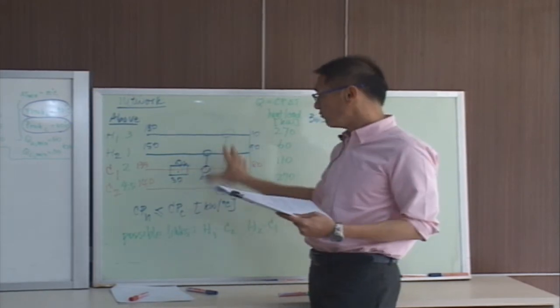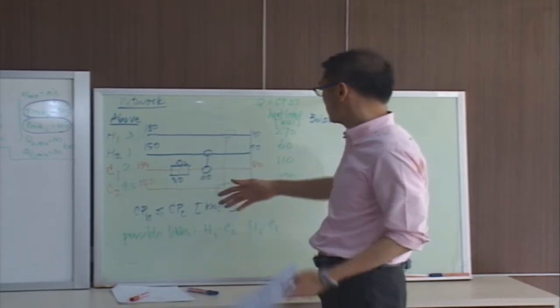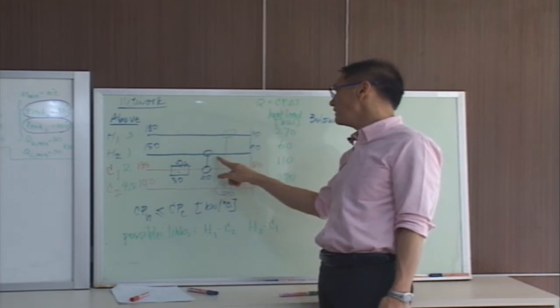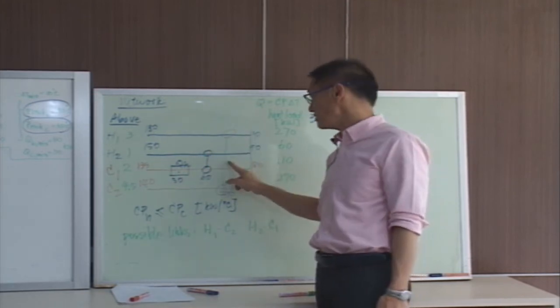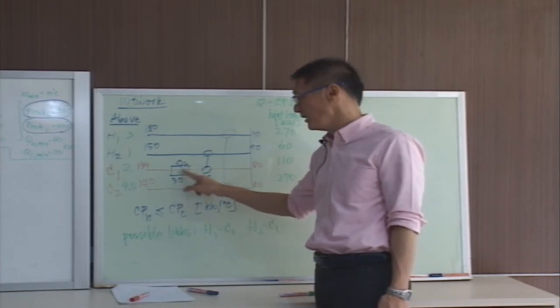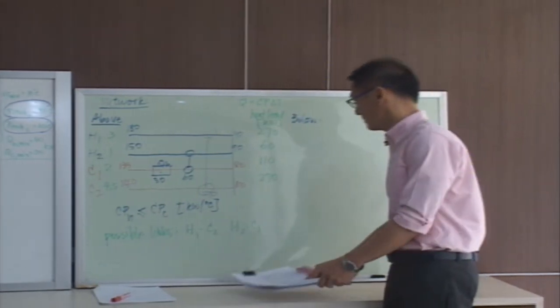So we meet all the requirements or the criteria. So now, the conclusion on above pinch is that we need 2 heat exchangers and 1 heater, 1 utility heater. Now let's go to the one below pinch.